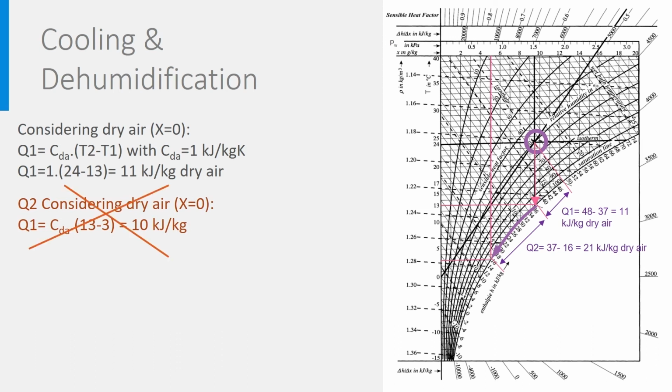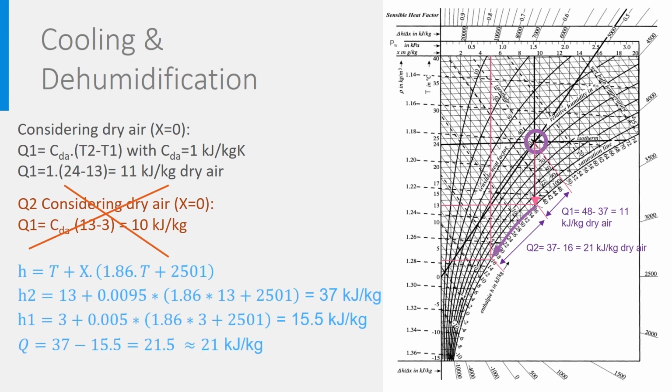When the absolute humidity changes, we need to consider also the enthalpy change of the water vapor, even if the absolute quantity is small. Let's consider the full equation for the enthalpy. We can derive easily that H2 equals 37 kilojoule, while H1 is 15.5 kilojoule per kilogram.